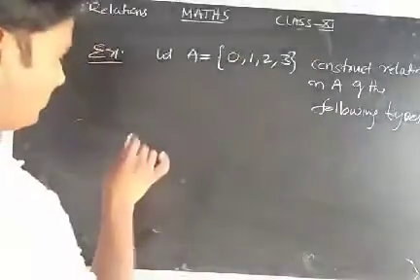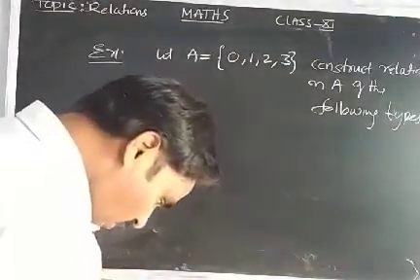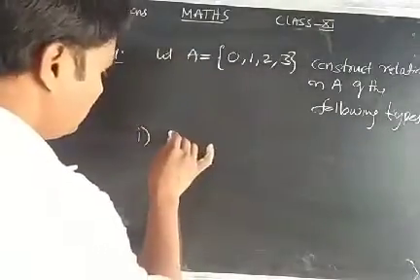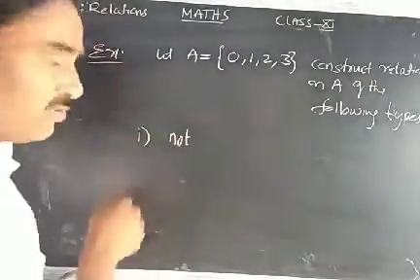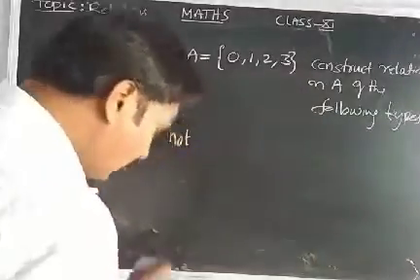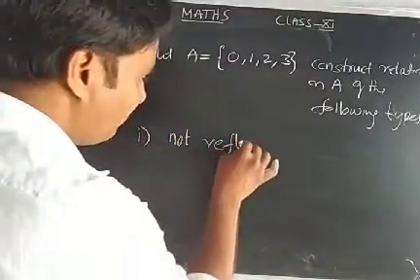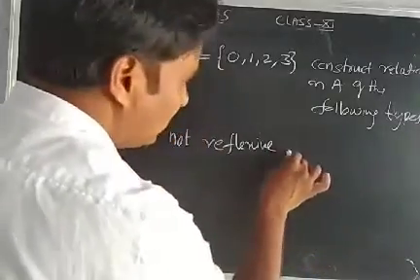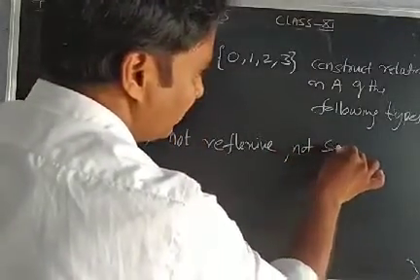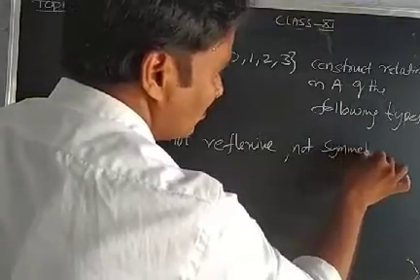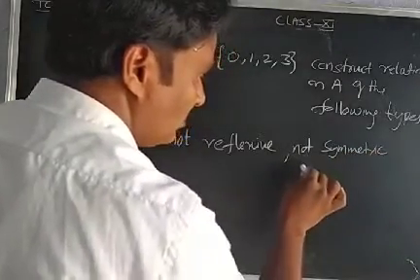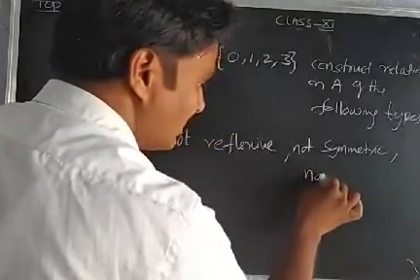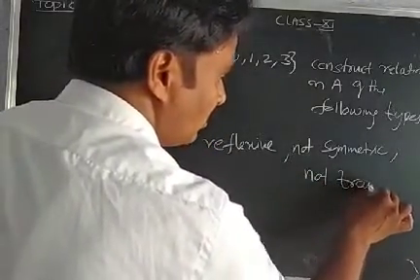Here we have 8 problems. First one: not reflexive, not symmetric, not transitive.